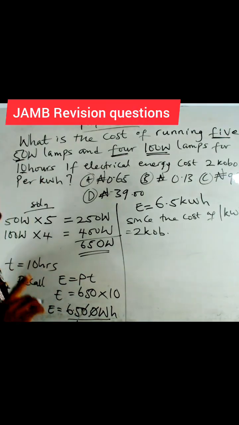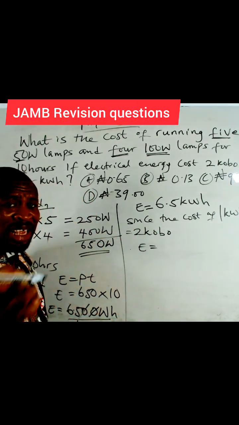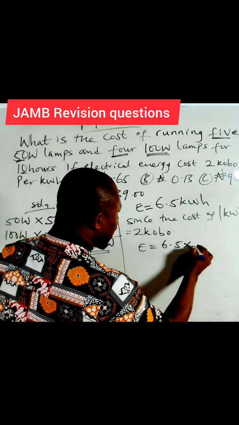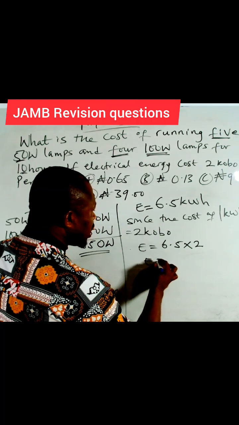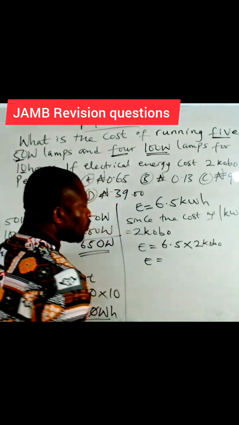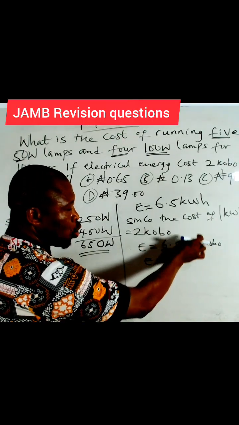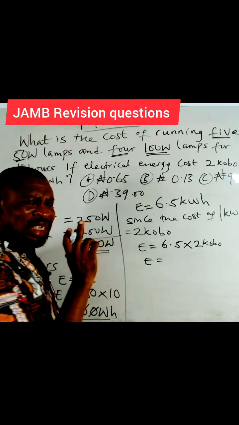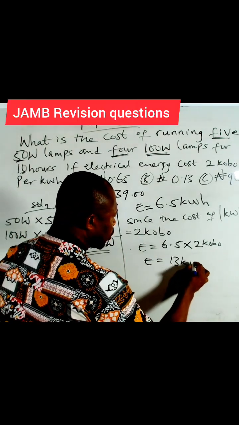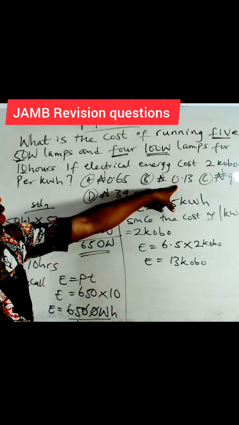Since the cost of 1 kilowatt hour is 2 kobo, the energy consumed at this point will give us 6.5 multiplied by 2 kobo. So 6.5 times 2 will give us 13 kobo. Of course, this is the final answer. But then there is no 13 kobo there.